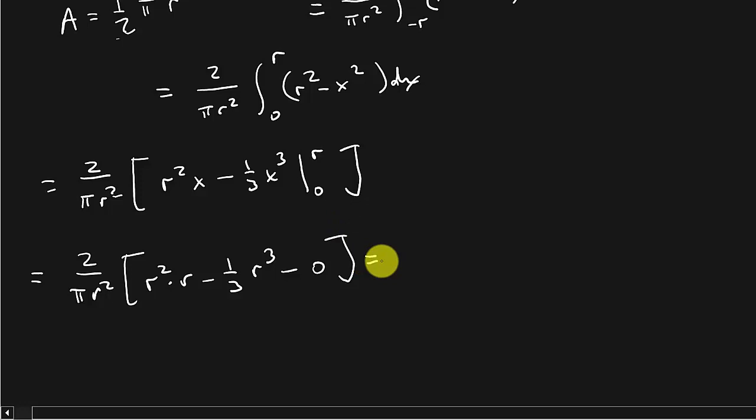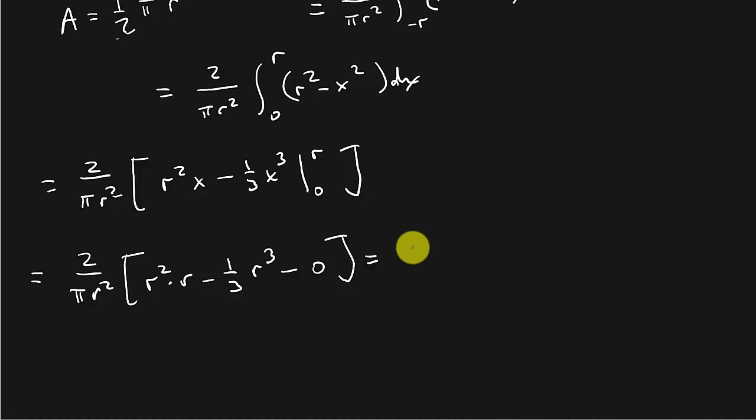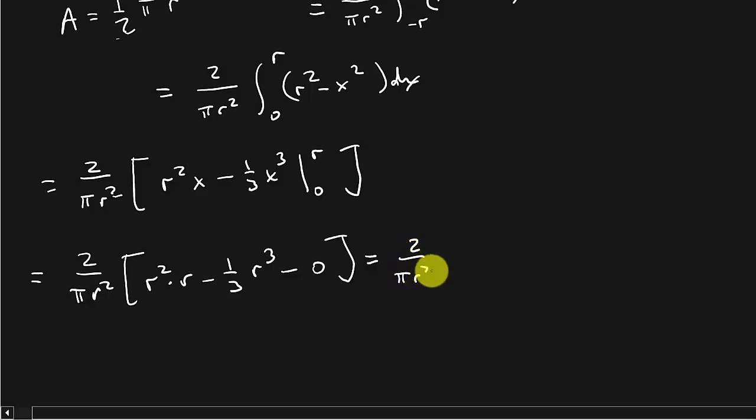And so once I do all of this, that's going to actually give me 2 over pi r squared times 2r cubed over 3. I believe that's right. Yeah.